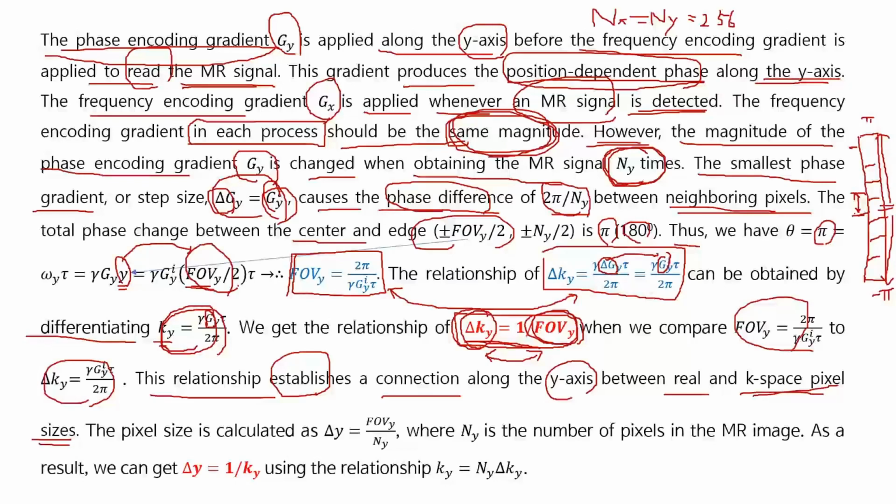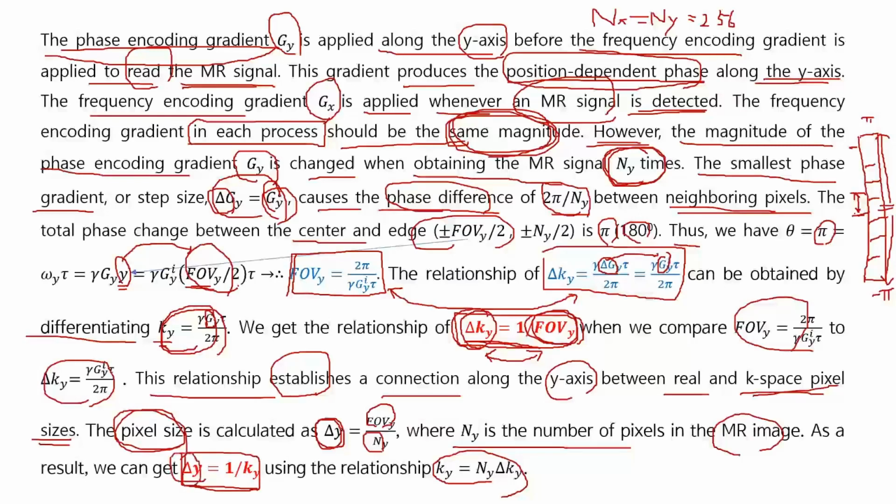The pixel size in real space, in image space, is delta y, FOVY divided by ny, where ny is the number of pixels in the MR image. As a result, using this relation, we finally get this relation.